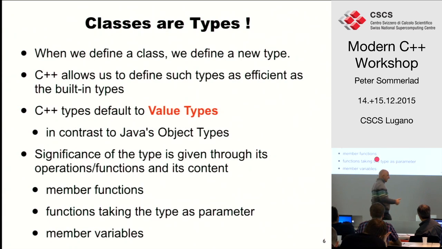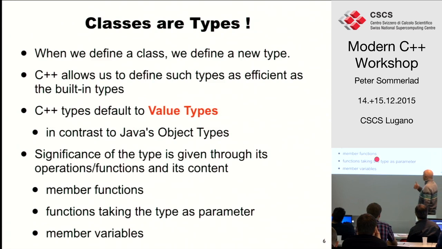When I define a class, I define a type. And the good thing is C++ allows us to define such types as efficient as built-in types. Modulo some bad compilers not compiling them exactly as efficient. Especially Microsoft compiler is guilty of that.